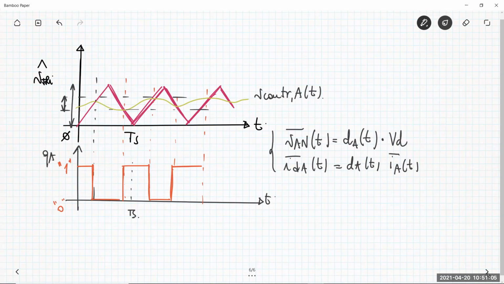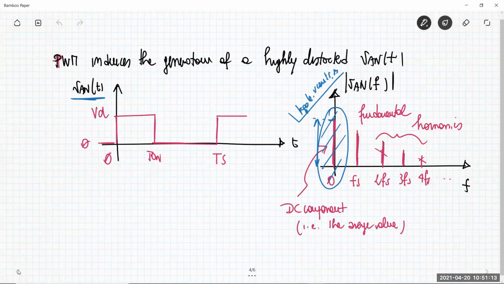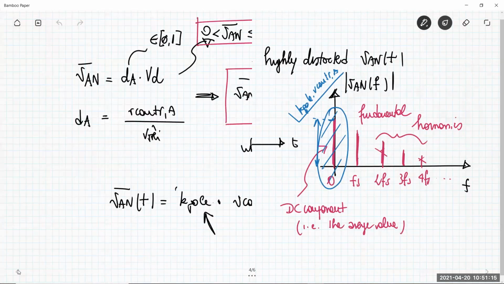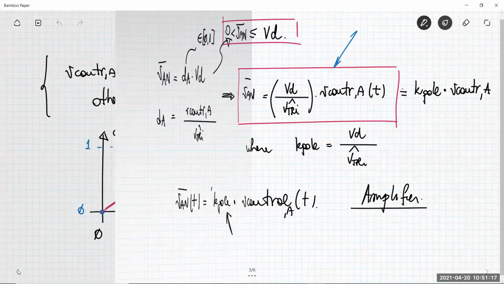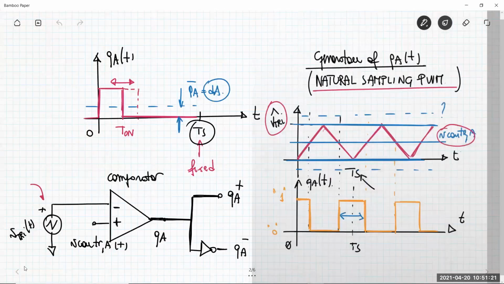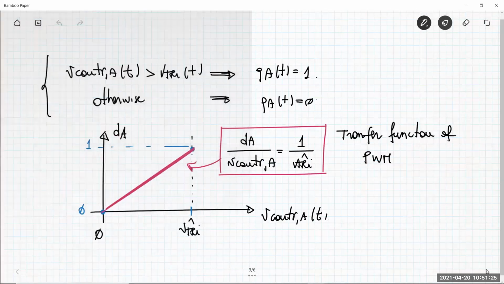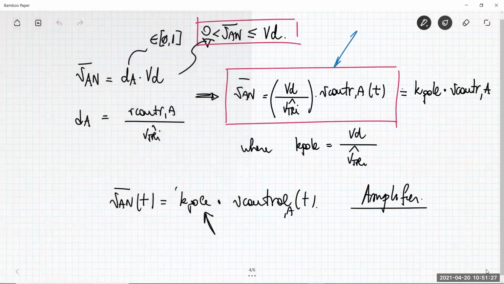If you have always this situation, that is the same situation I explicitly employed before for our constant V control. Remember, I said that I need that the control voltage is always within the dynamic of the red triangular waveform. And so the same happens here.